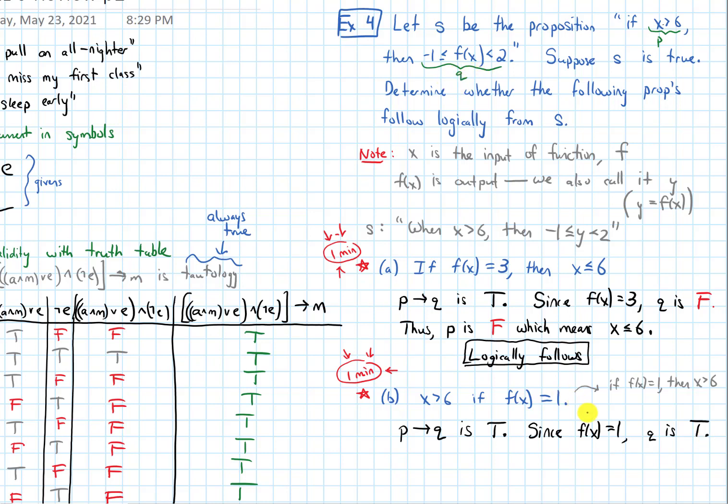But when Q is true, we can't conclude anything about P. So we can't say that x is greater than 6, like this question is hoping that we'll be able to conclude.